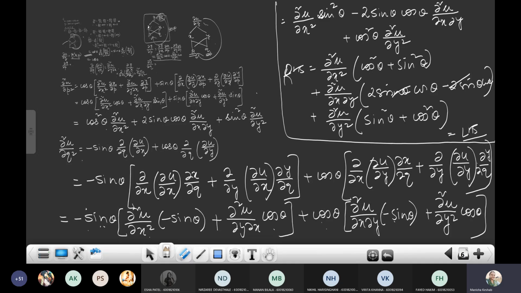So later on you can decide whichever way you find it convenient, you find it easier to work with, you can use it. There is no hard and fast rule that you have to use this way or you have to use that way. It's only up to you, whichever way you find it easier. Okay.